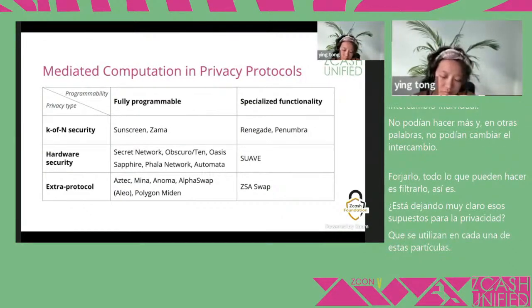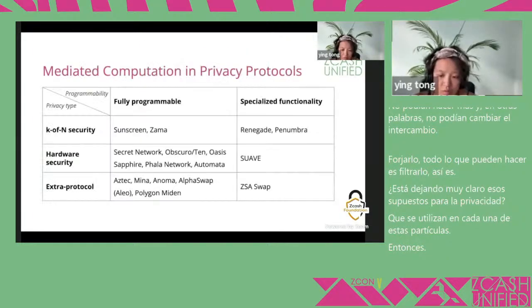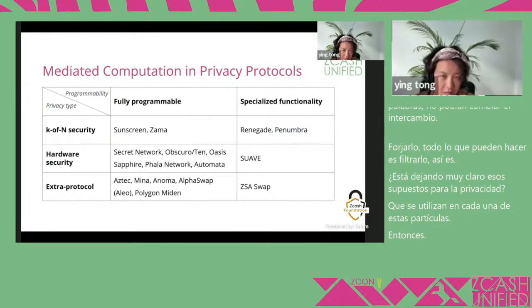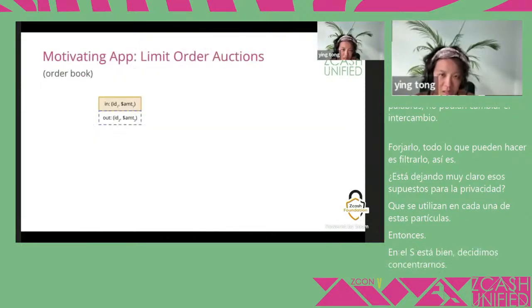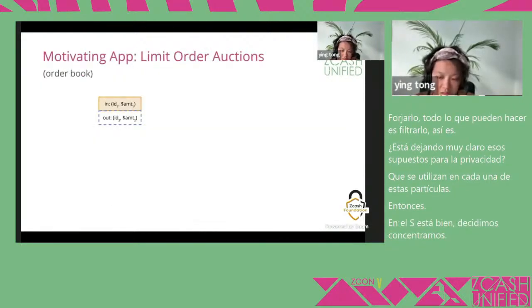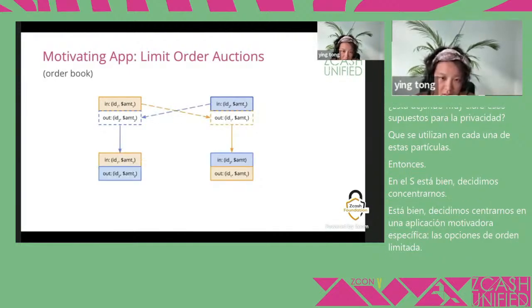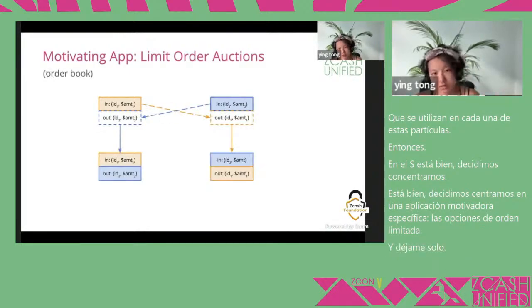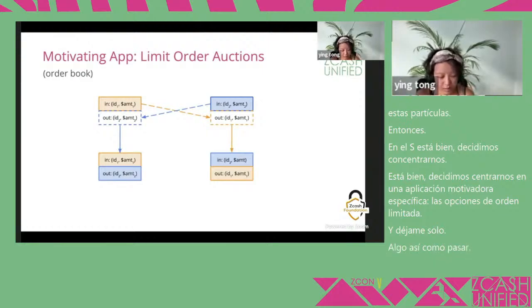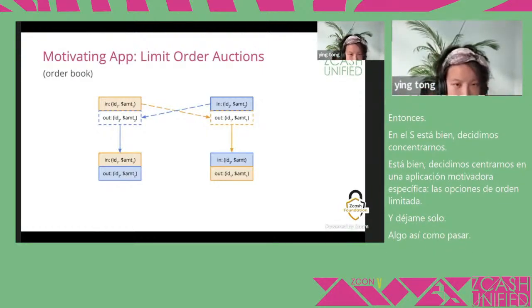So in the SoK, we decided to zero in on a specific motivating application, that of limit order auctions. And let me just go through the most basic variant of this, which is the order book.